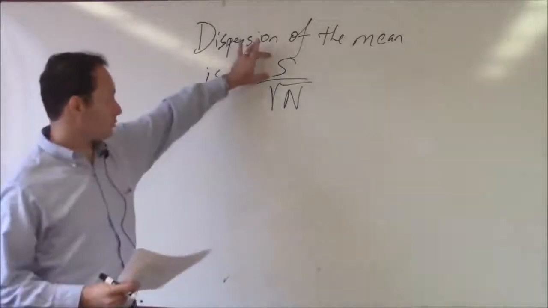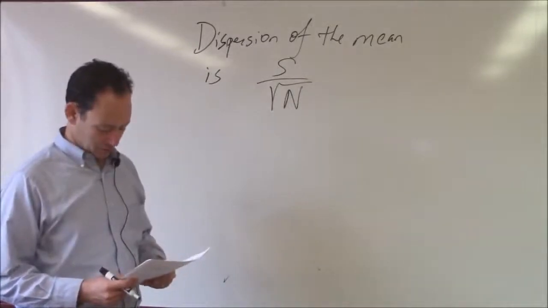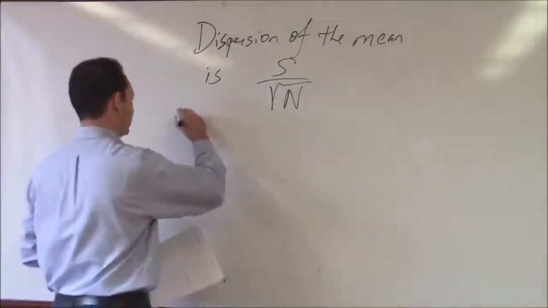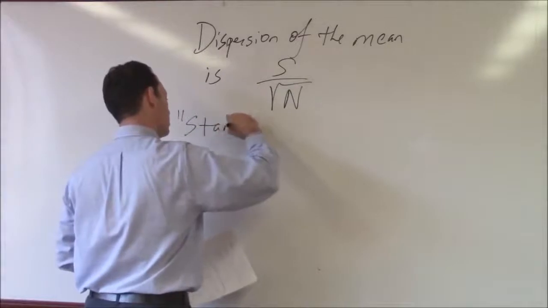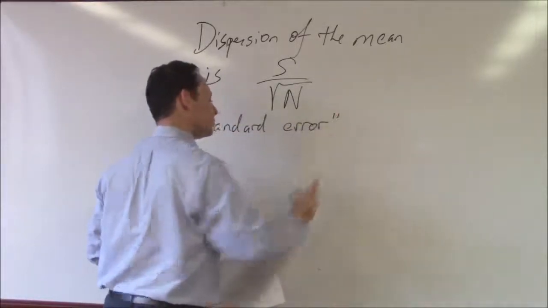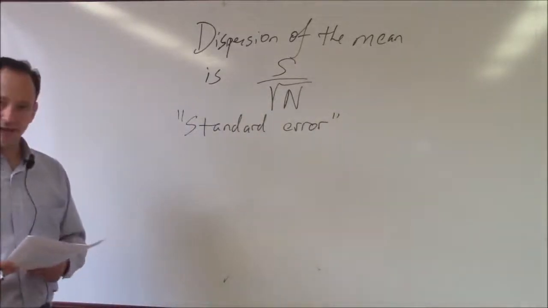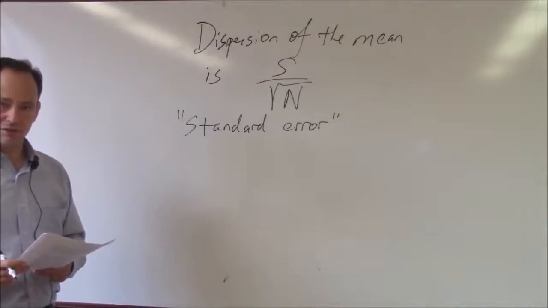So that was what we were using before. It's going to be smaller with the square root of n factor. And that's called the standard error. Standard error is then used to bound our population mean.